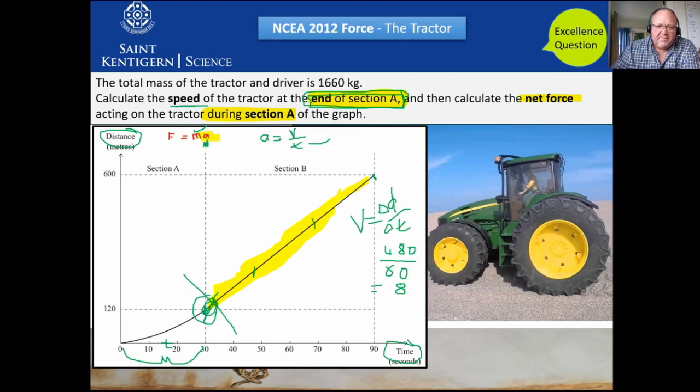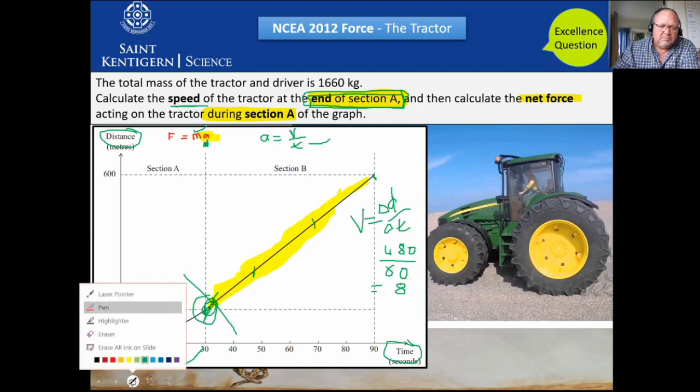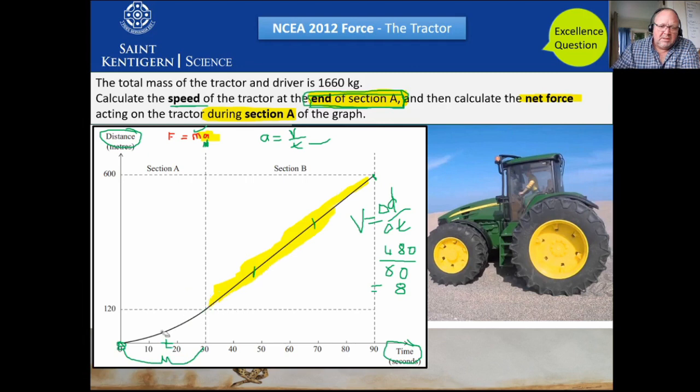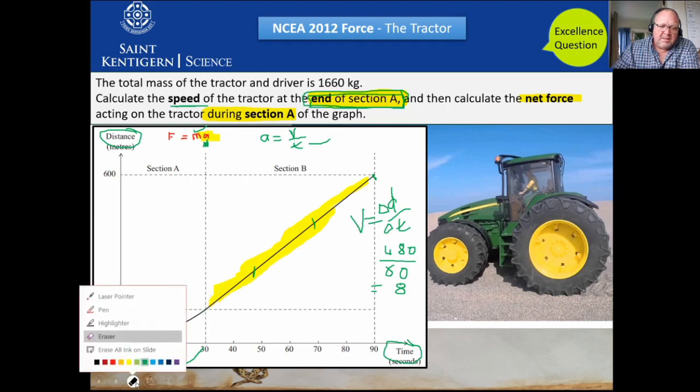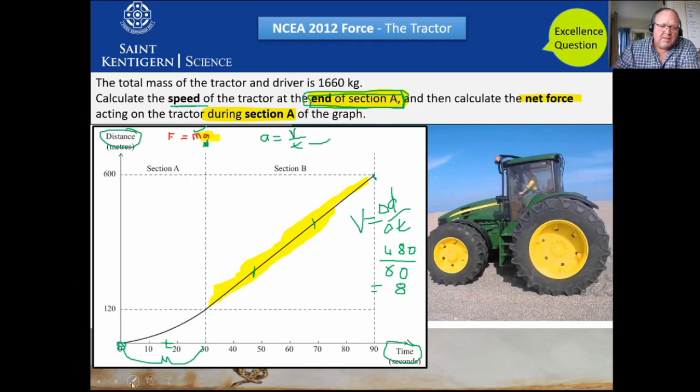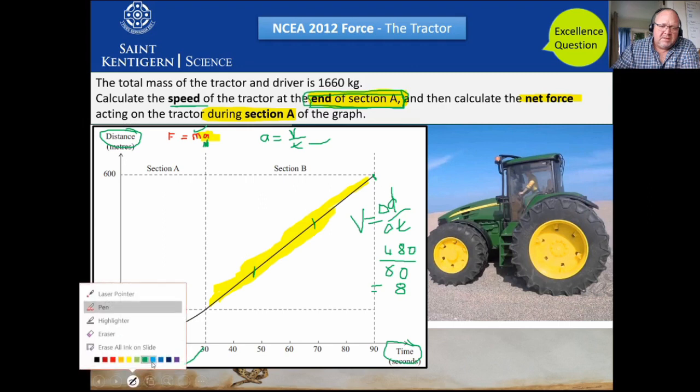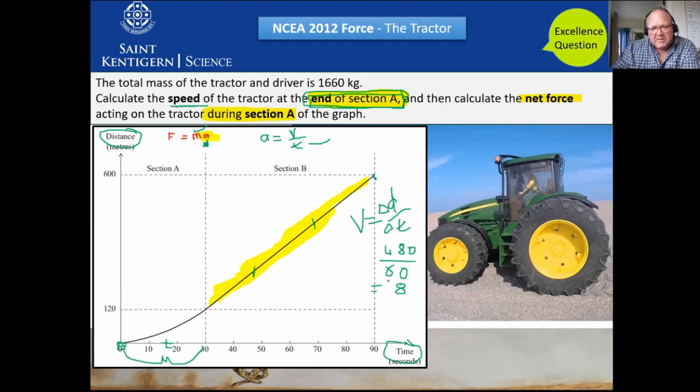Okay, so for acceleration, we know that change in velocity goes from 0 all the way up to 8. Let me just get a different color pen. So it goes from 0 all the way up to 8, and that's meters per second, isn't it?